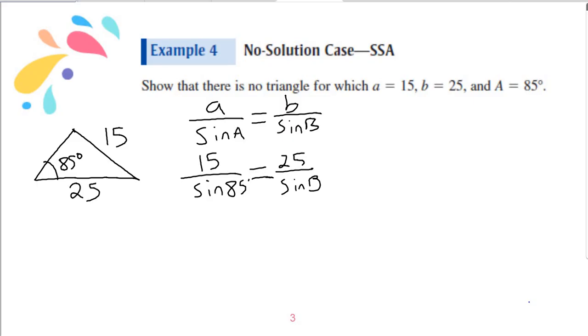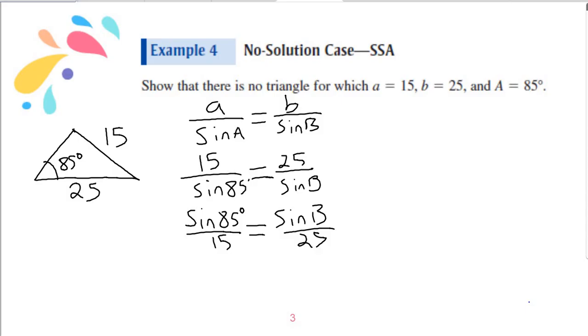No. So can I flip my fraction? Am I allowed to do that? Yes, as long as I also flip the other side. So we're okay to flip it as long as I flip both sides.